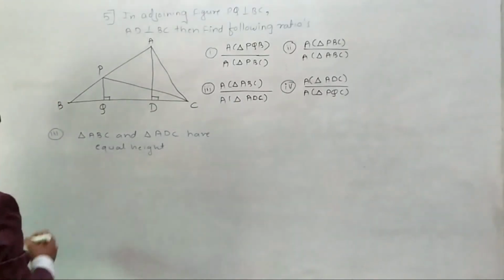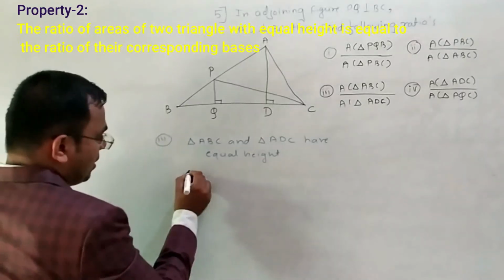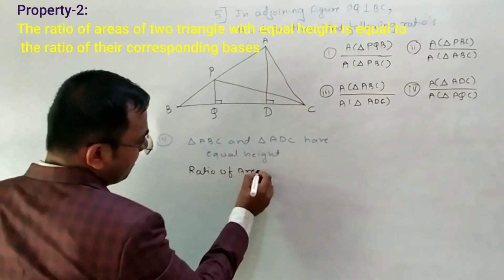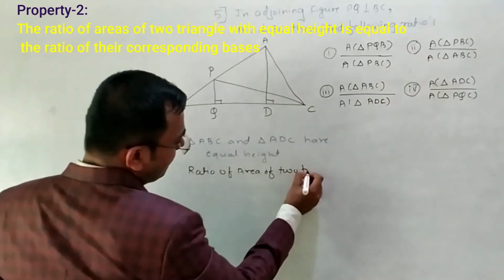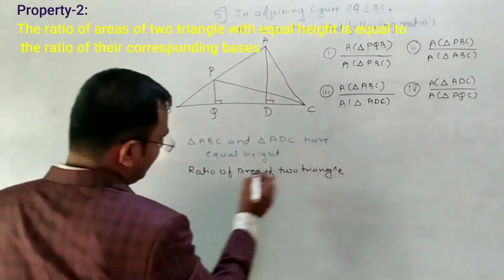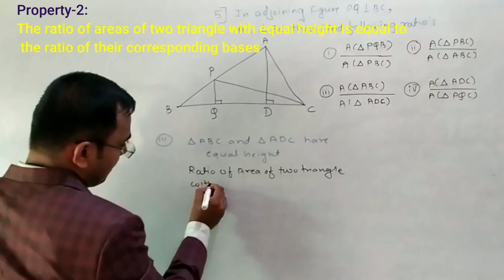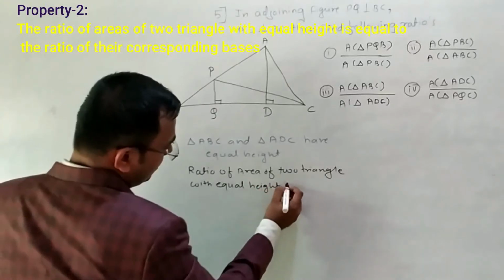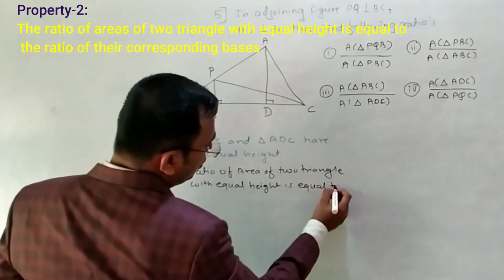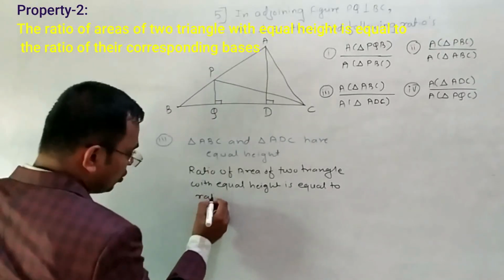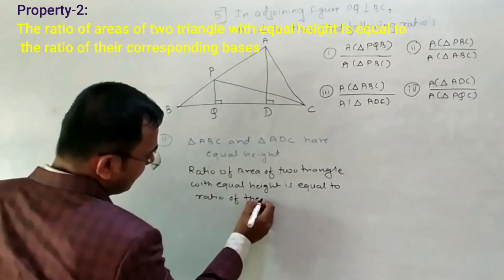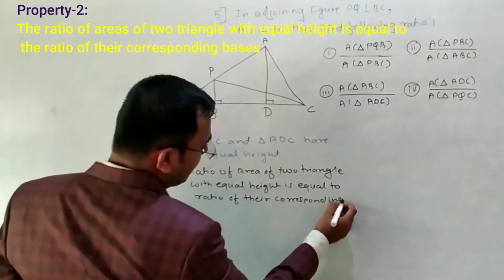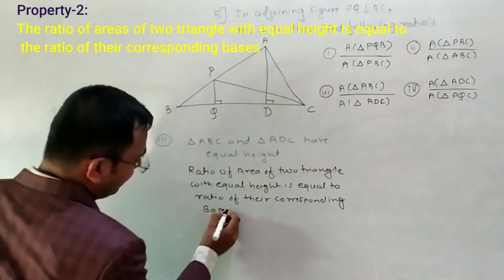Therefore ratio of area of two triangles with equal height is equal to ratio of their corresponding bases.